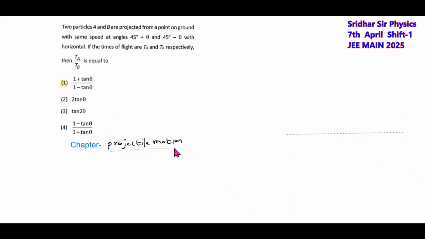This question belongs to the chapter Projectile Motion. Two particles A and B are projected from a point on the ground with the same speed at angles 45 degree plus theta and 45 degree minus theta with the horizontal. Time of flights are TA and TB respectively. Then TA by TB is equal to?